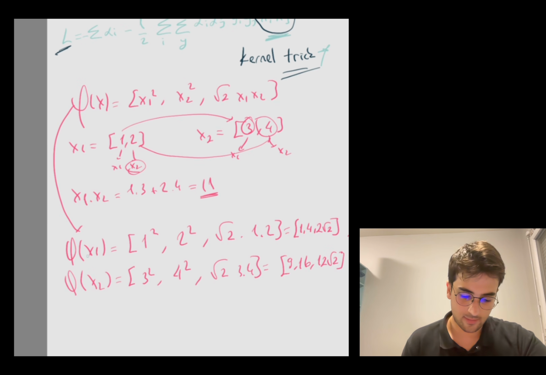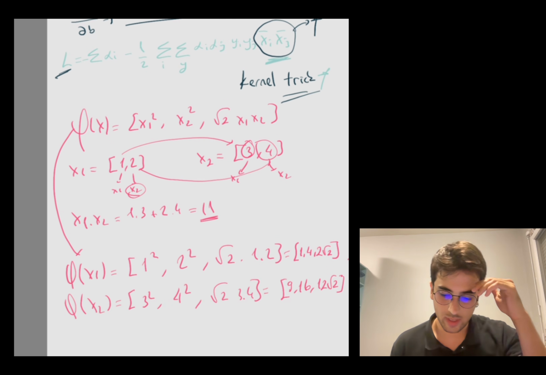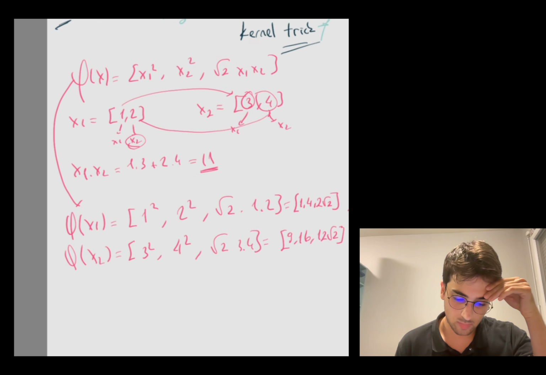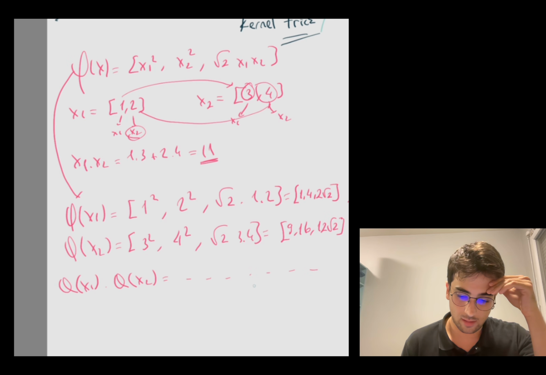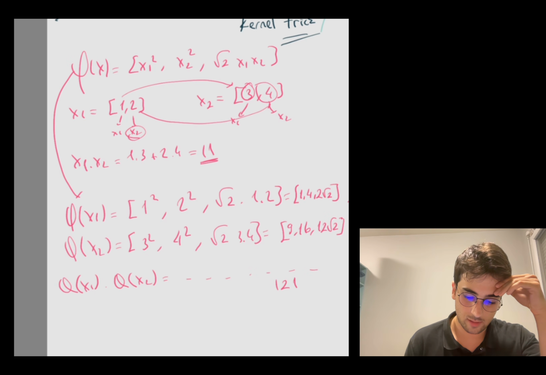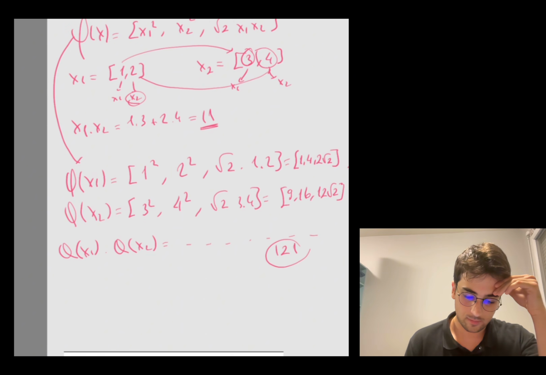Then you have phi x1 and phi x2. So what you can do is find their dot product in this dimension, and after a lot of calculations, you would end up with 121.